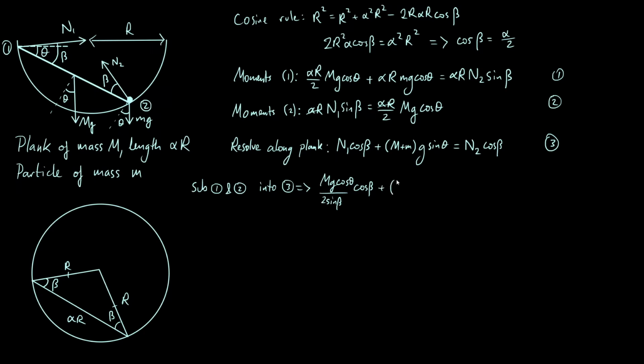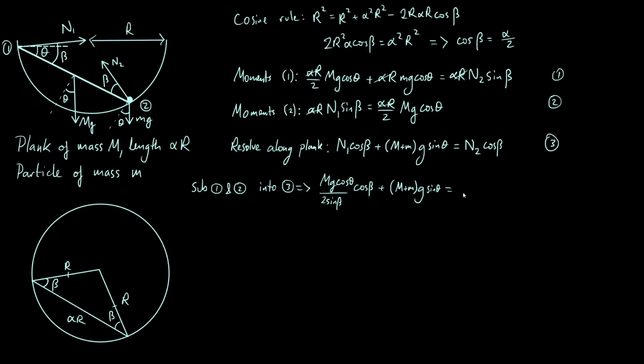Then we can't really do anything for now with this next term, big M plus small m times g sine theta. Okay, then we're going to do a similar thing for this n2, but we're going to use equation 1 to substitute for that, right? So again, we can cancel these alpha r's from all of these terms, and we are going to find that n2 is, well, there is a common factor of g cos theta, right?